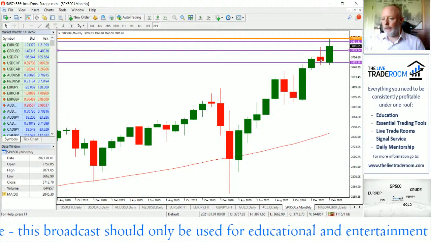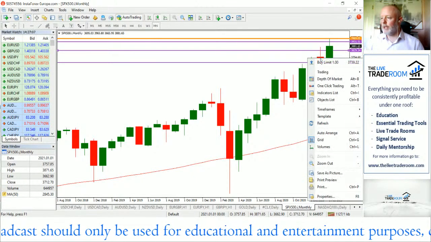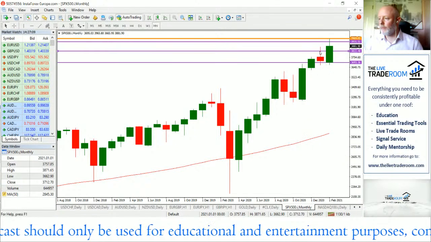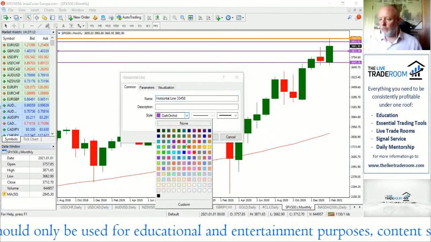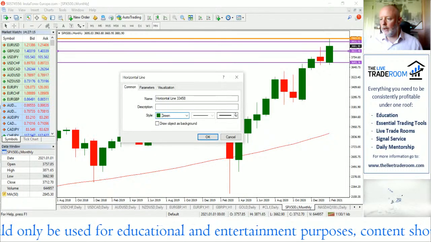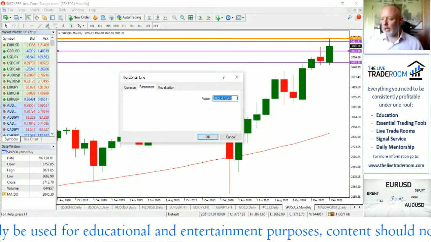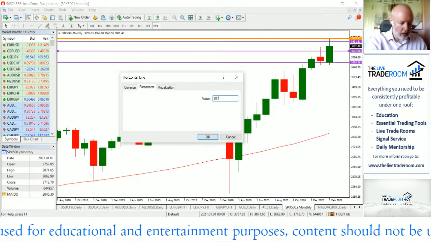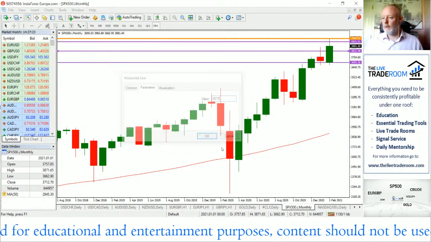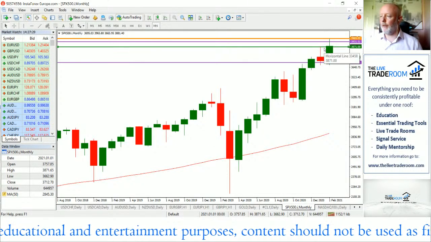So if we took last month's high, which is the 38.71, we want to take note of this level. So there is effectively your monthly high for the S&P 500.